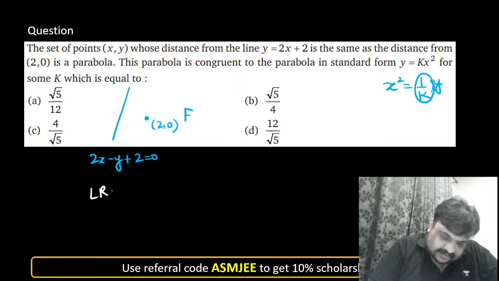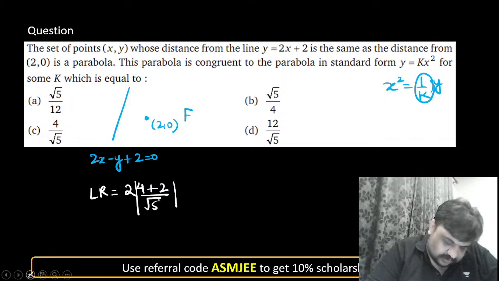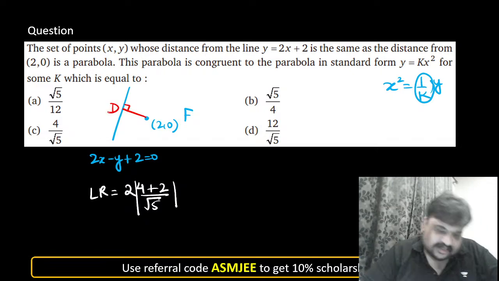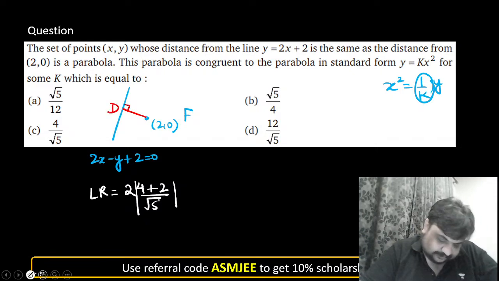So latus rectum is twice the distance from the focus. You know, no? Latus rectum is twice of FD. So 12 by root 5.